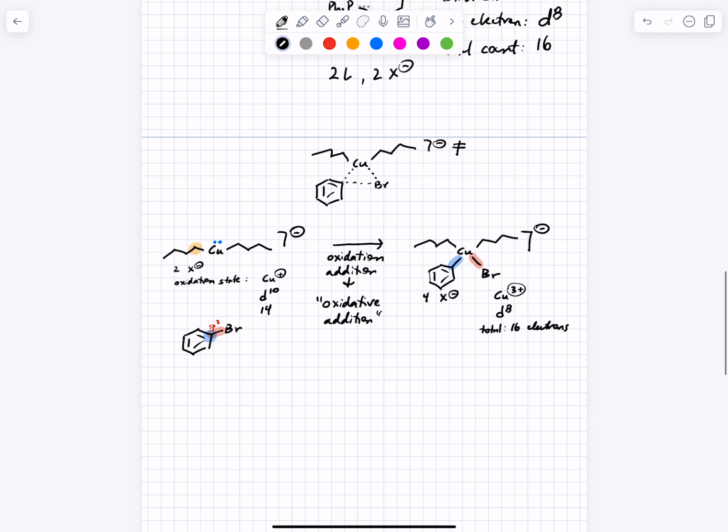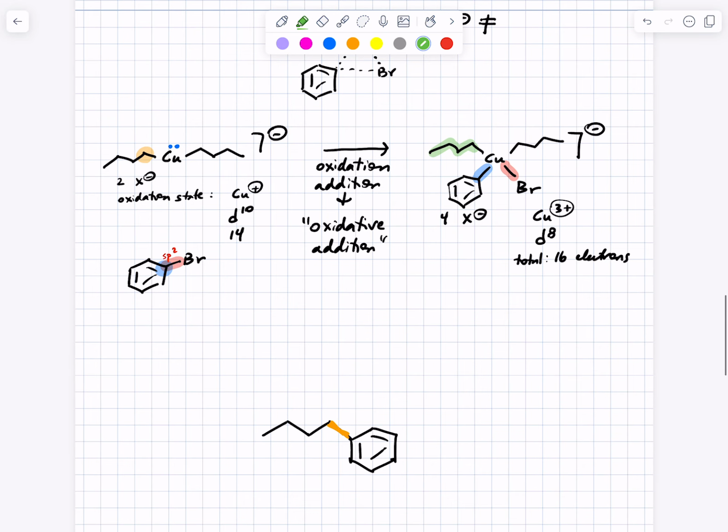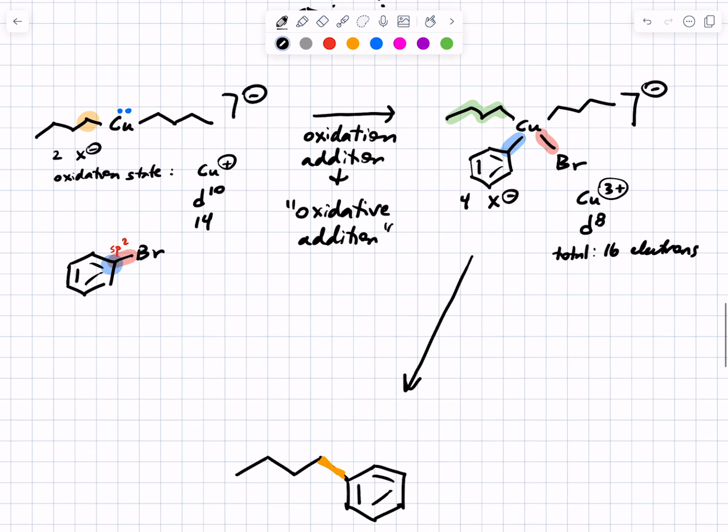Now, see if you can predict what's going to happen next, because the product has a new bond between the benzene ring and one of the other ligands on the copper. So this step is called a reductive elimination.